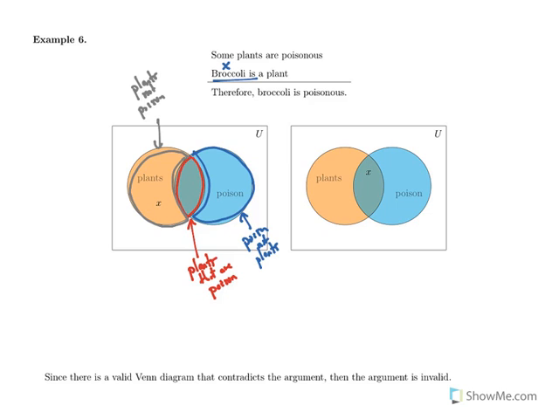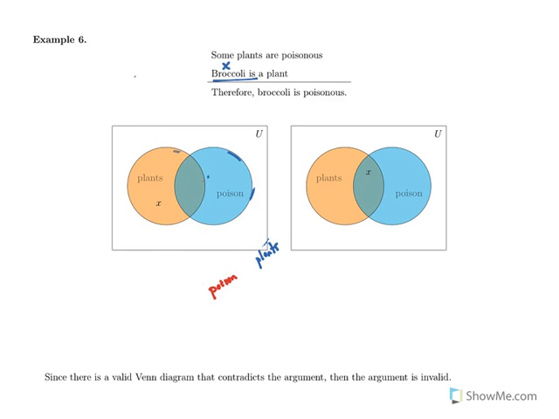And if we think about X in the left side, that's a correct argument. We're saying that broccoli is not poisonous in that case. So here, in this first example, this shows us that broccoli is not poisonous.